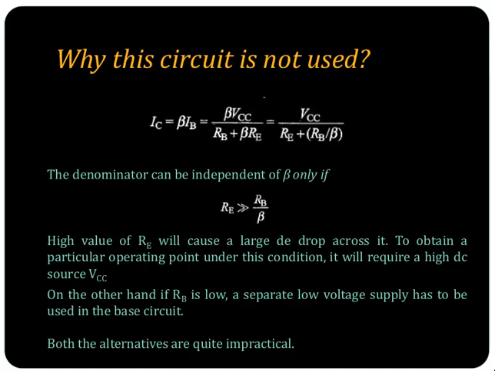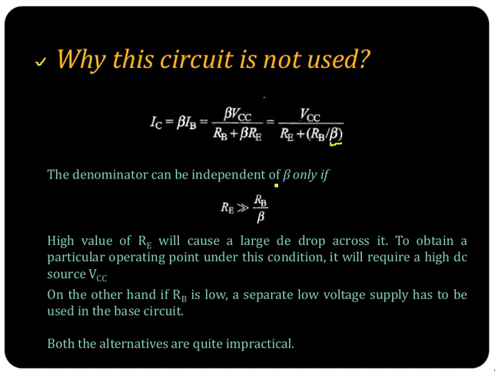So now that you have fixed the operating point, you have fixed the values of IC and VCE. But still you can see that the circuit with emitter resistor is not widely used, because IC is beta IB, and you have this expression VCC by RE plus RB by beta.